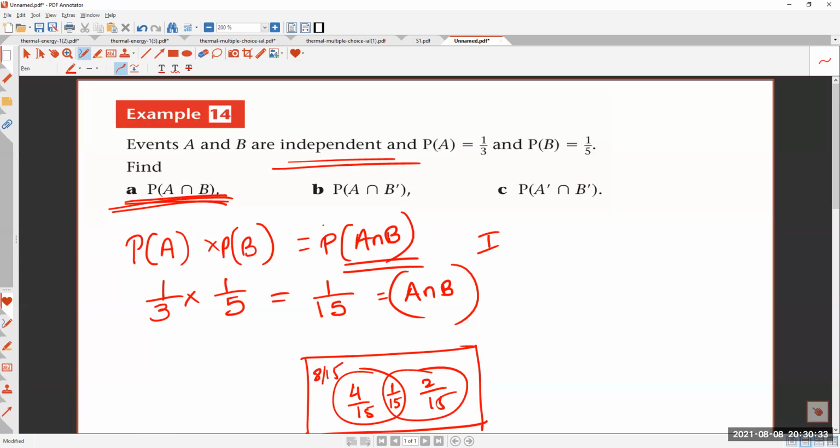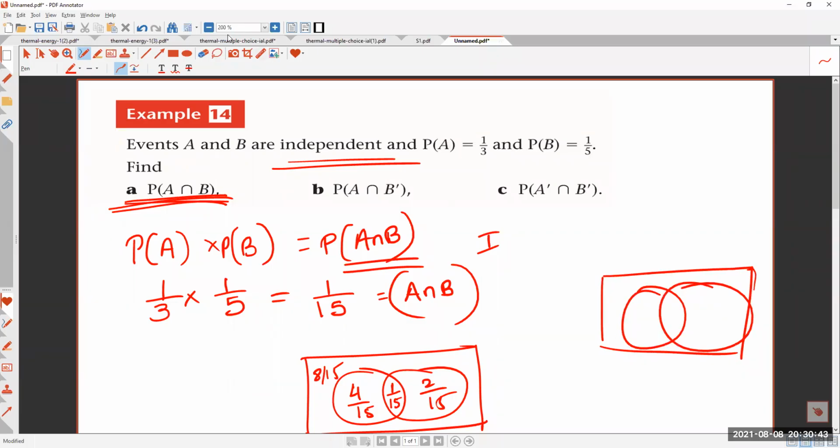Now we have to shade and do the B part. Okay, now for shading they said A or B. So I will do a rough work shading. Sorry, A or B. So I am shading A, that is rough shading. Then B complement.